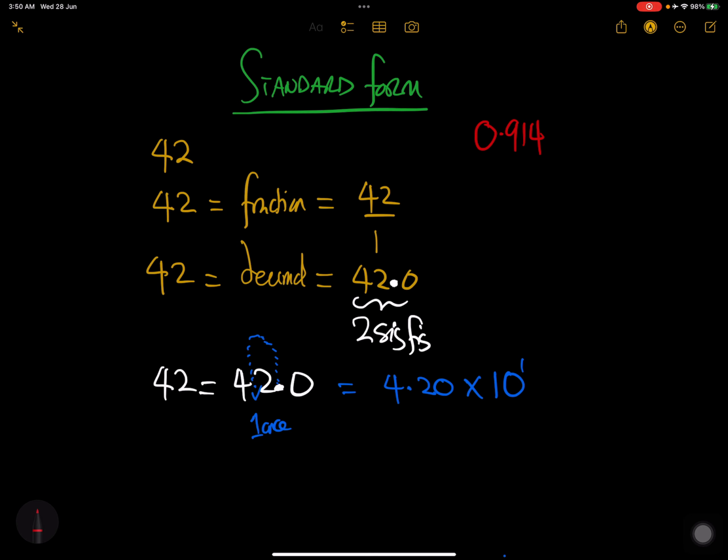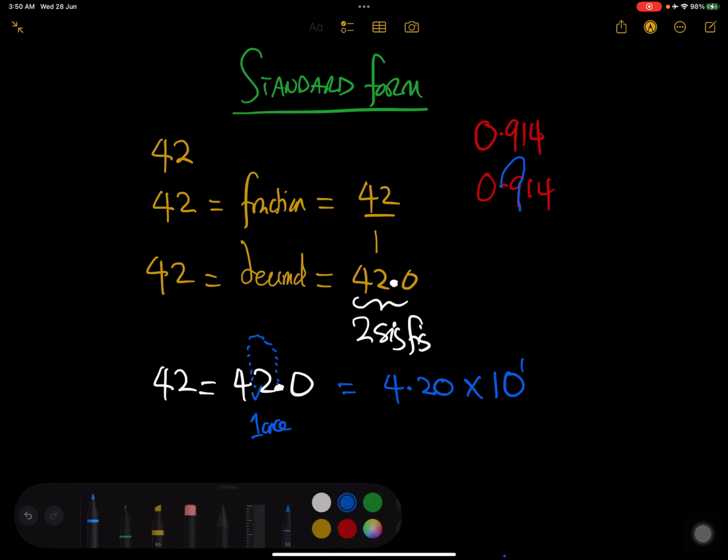We first of all need to move the decimal point so that it falls between the first two numbers.